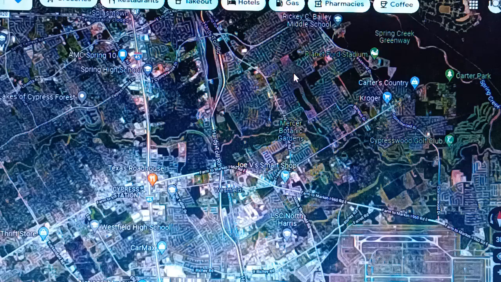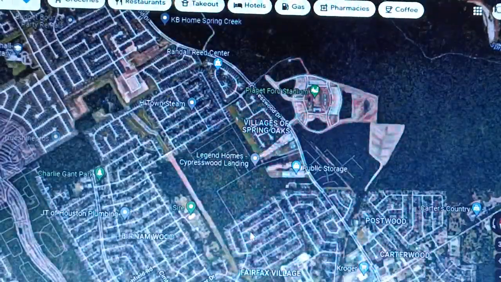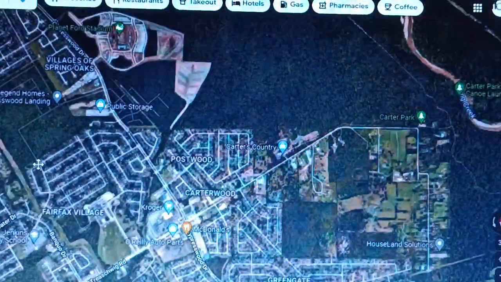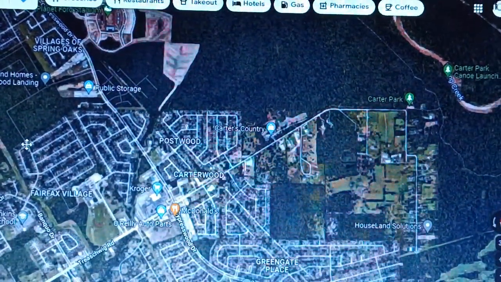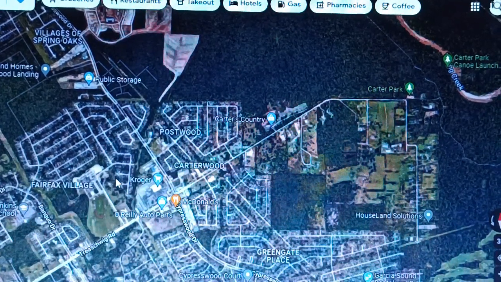She could have walked away. Nobody saw her. But being that she was so close to this area over here, and I will zoom in on that again, being that she was so near to this area, here we go once again right here, that it's something that we have to consider.